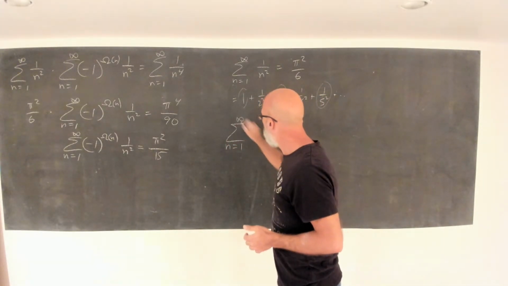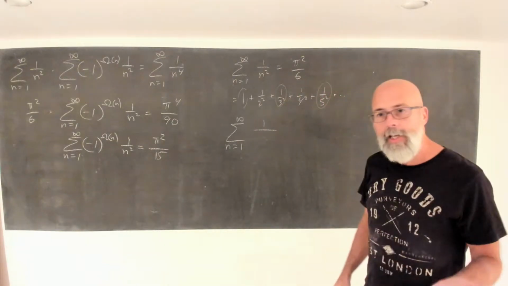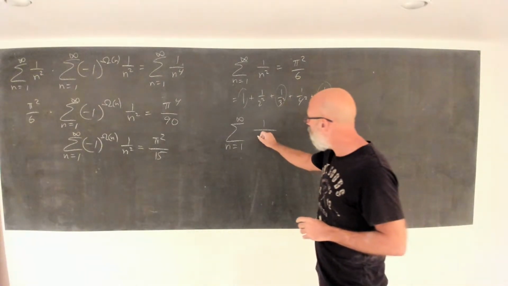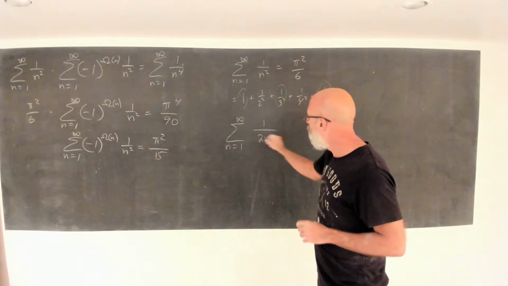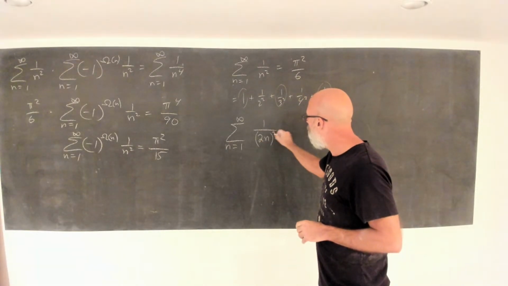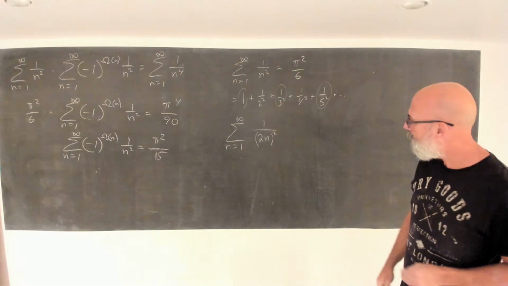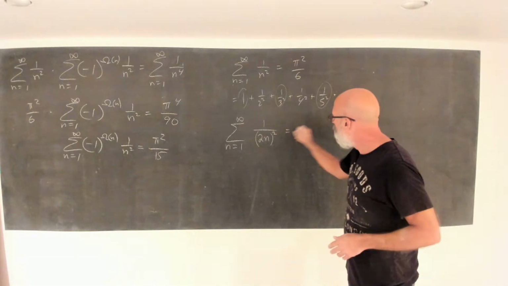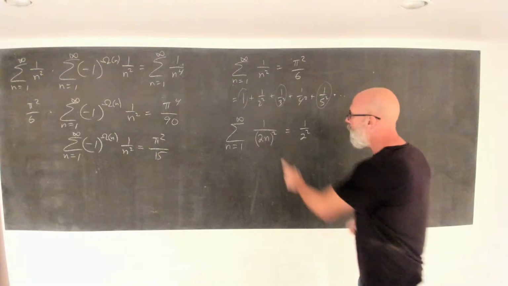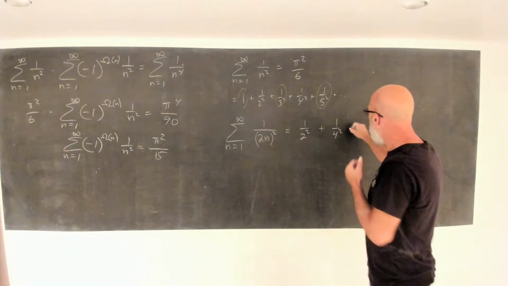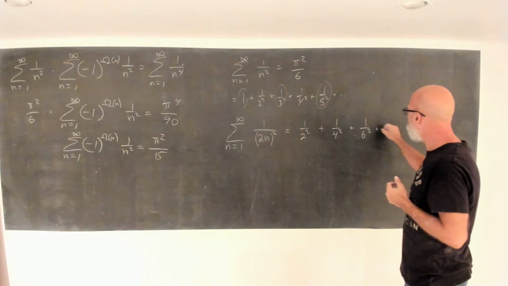And what does an even number look like? An even number has the form 2n. So if you look at the sum of the evens instead of the odds, this is 1 over 2 squared when n is 1, plus 1 over 4 squared, plus 1 over 6 squared.